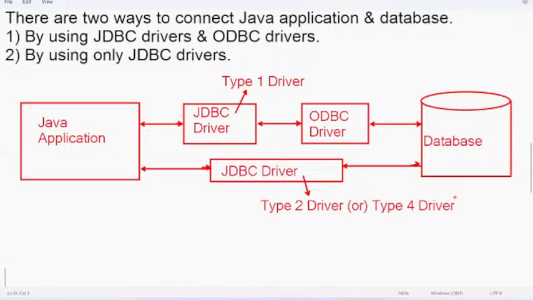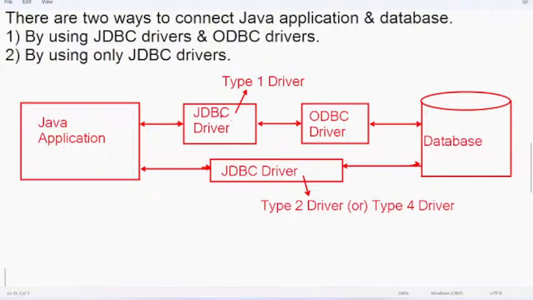You observe, at the start the Java application and database were connected with the ODBC driver. That connection failed. To solve that situation, the JDBC type 1 driver came first. But with this driver it is time consuming.